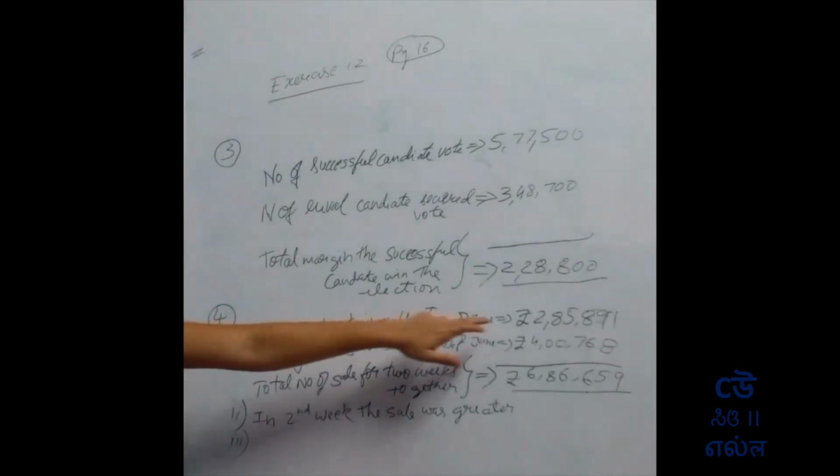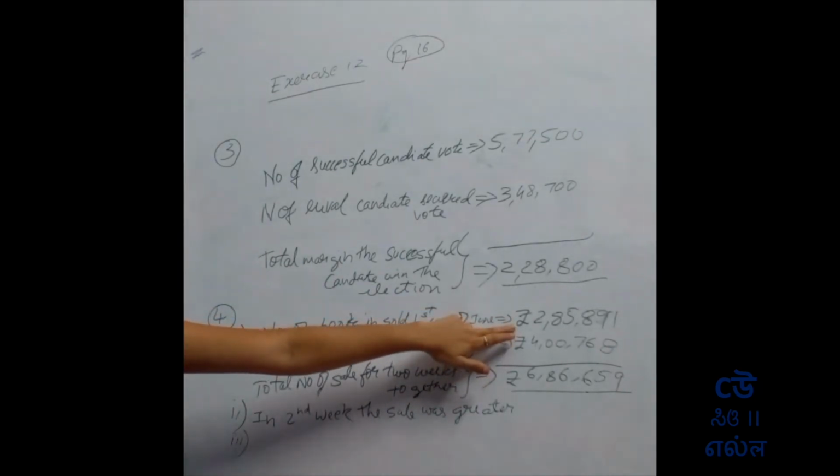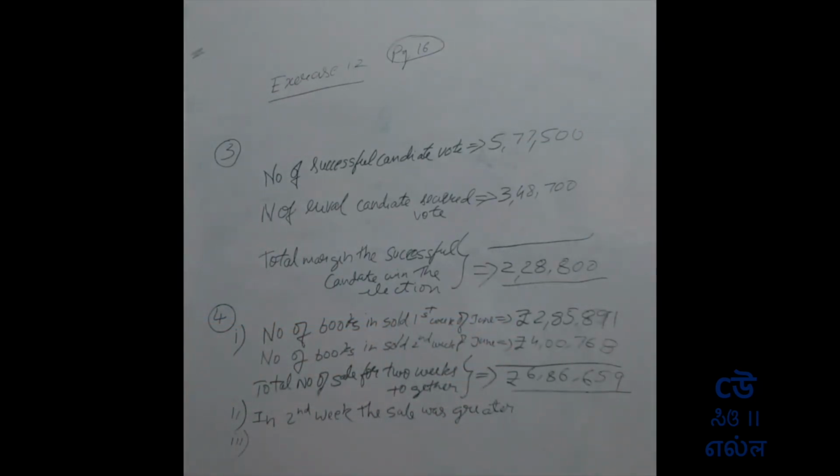Then the third sub question is, by how much they have asked. By how much is the sale greater means from the first week to the second week, how much the sale has increased. So what you have to do, children? In the example sums we saw, no?